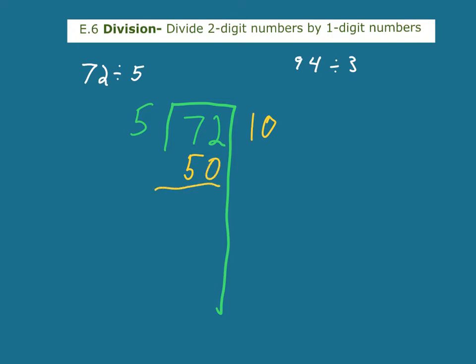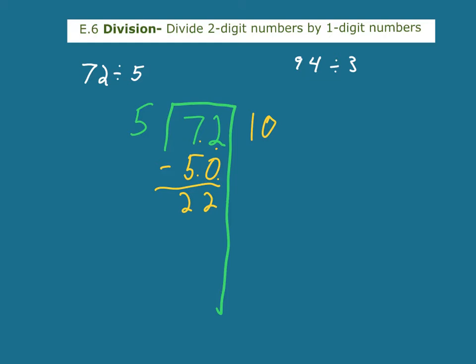If I gave out those 50, I subtract it. And 2 minus 0 is 2. 7 minus 5 is 2. And I've got 22. This is now my new target number, 22. 5 times what gets me close to 22 without going over.